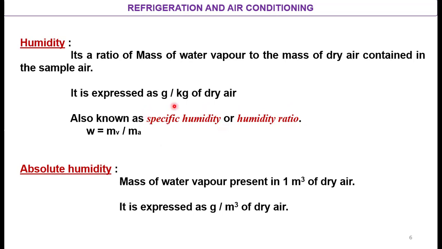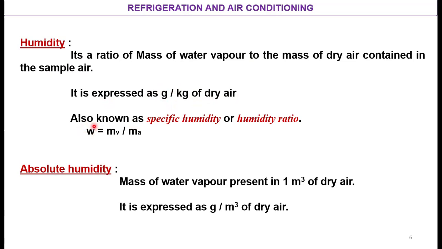So here humidity is specific humidity, also known as the humidity ratio. How is it defined? It is the ratio of mass of water vapor to the mass of dry air contained in the sample of air. It is expressed as grams per kg of dry air, or kg per kg of dry air, and it is represented by small w or omega.